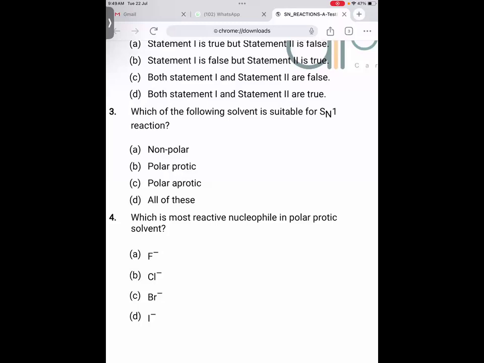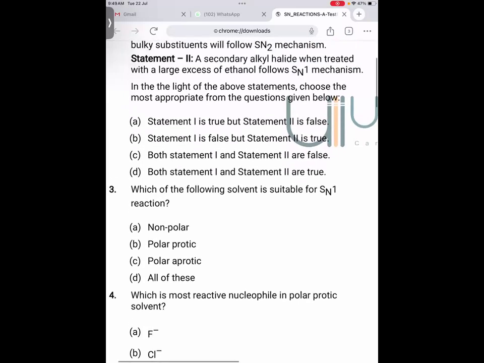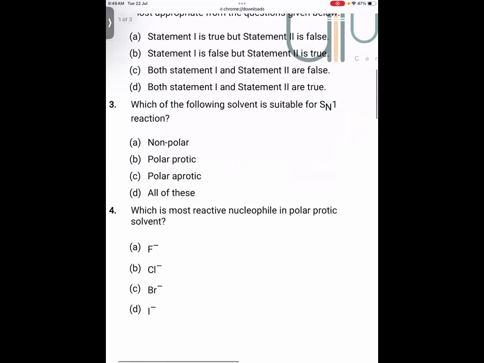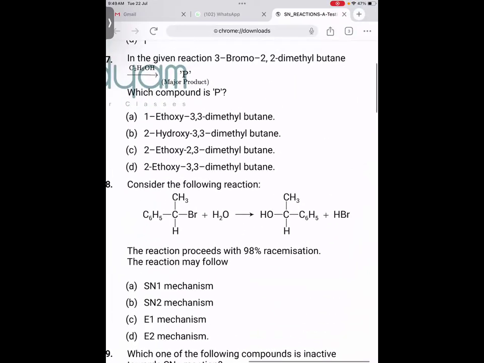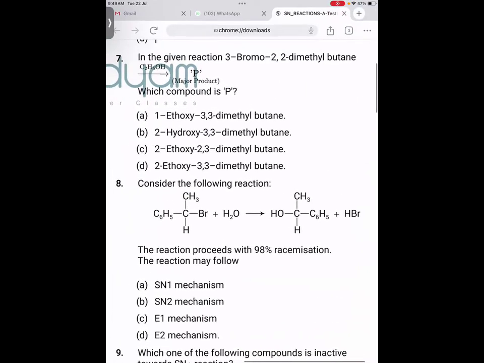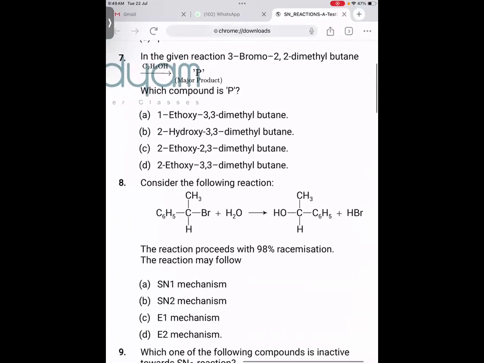So for question number 1 the answer is D. For the next question, SN1 in polar protic, it is I minus. Okay, friends, clear? Now these two questions. In the given reaction, 3-bromo-2,2-dimethylbutane with ethanol, what is the product?